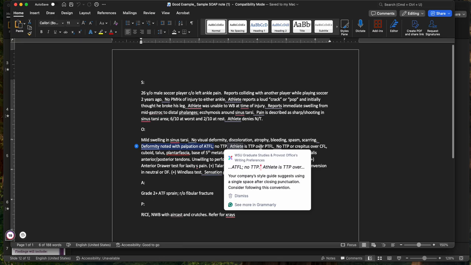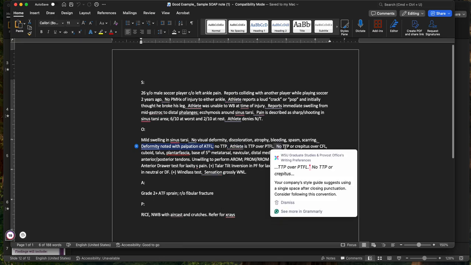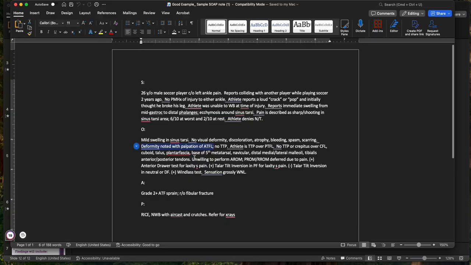Athlete is tender to palpation over the posterior talofibular ligament. Et cetera, et cetera. So you see the observations that I was making. Notice here as we move down, I did the palpations, and then I move into special tests. Range of motion, I did a special test, and then I did sensation. So this led me to an assessment and a plan.